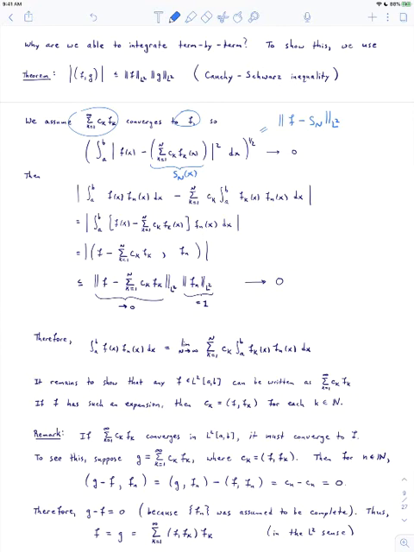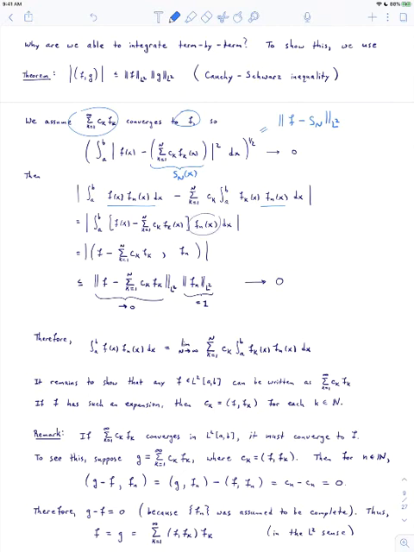Okay, so what is this equal to? I'm just going to take the integral out. Like I said, I can integrate term by term. So I'm going in the opposite direction. If I take the integral out, I'm going to have f times f_n minus the sum of the c_k f_k times f_n.